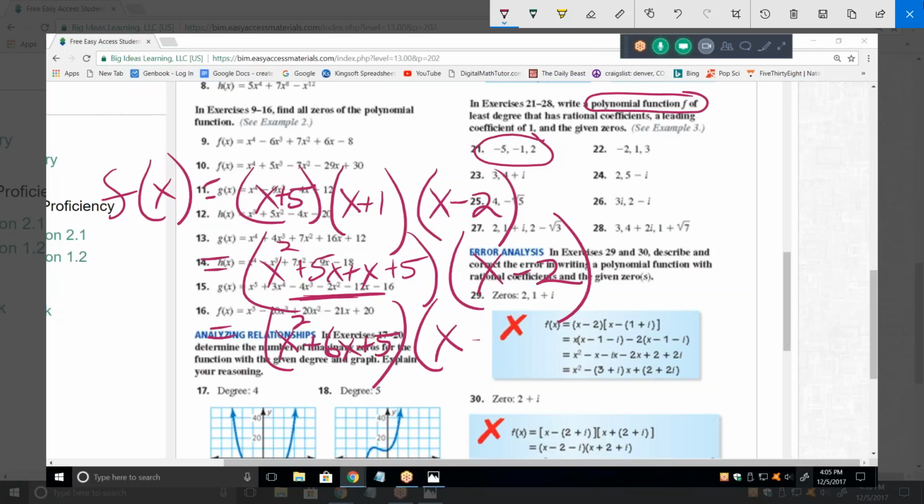Now multiply those 2 together. So now it's x to the third minus 2x squared plus 6x.